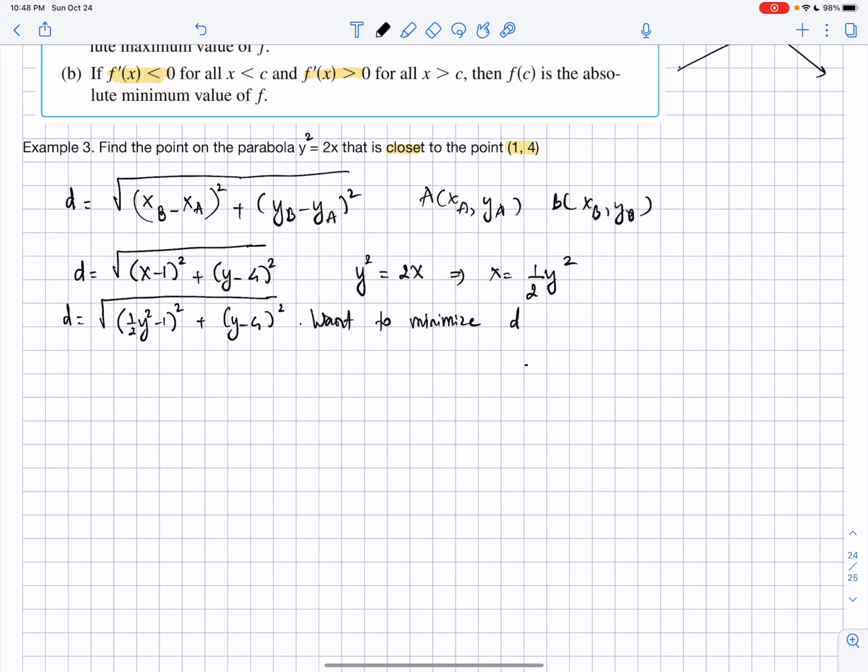For example, you have 2, 3, and 5. If you square them, the square of 2 will be the smallest anyway. So instead of minimizing d, it's the same thing as finding the minimum for d squared, so that we can get rid of the square root. It will make our life much easier. And then I will name this the function f of y.